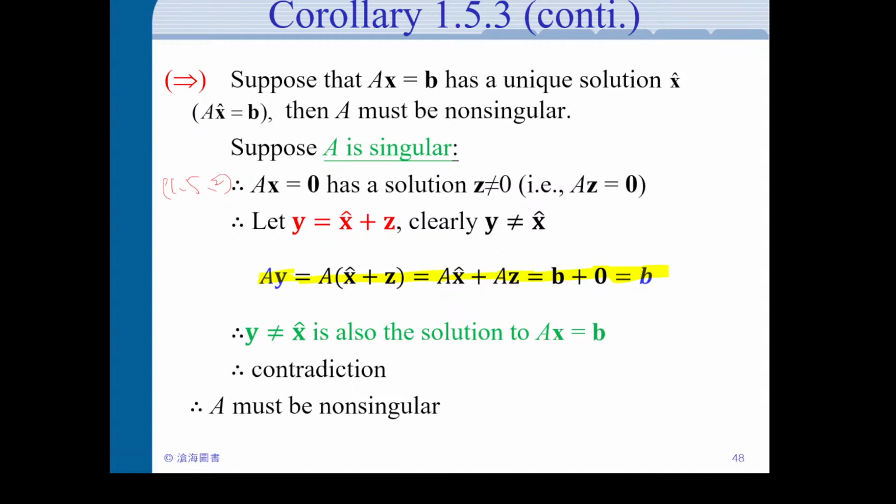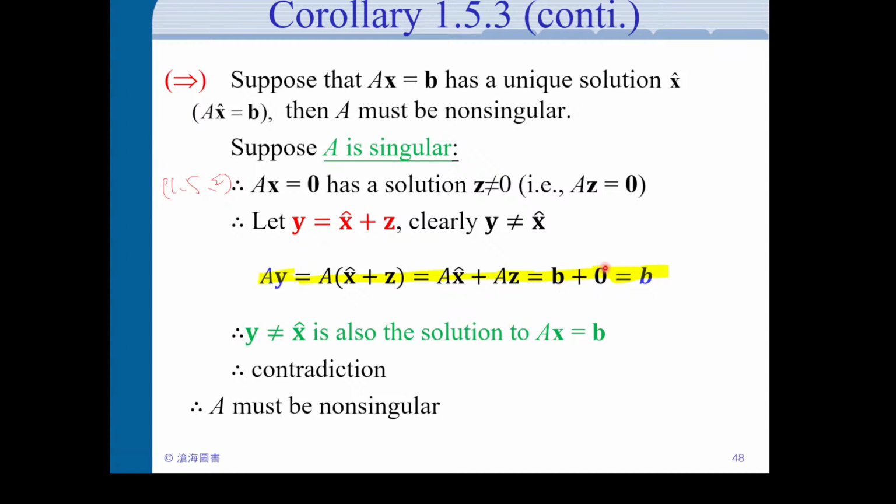and this line is also why we like a homogeneous system. So we now think about what's Ay. This matrix A multiplied on this vector y is, well, y is just x hat plus z. Then by the distributive rule, this equals A x hat plus Az. Then A x hat equals b because this is how it's defined, and Az equals 0 because it's a solution to the homogeneous equation.